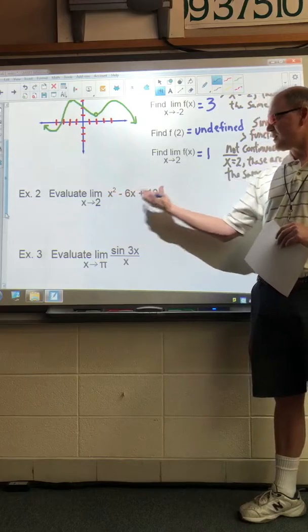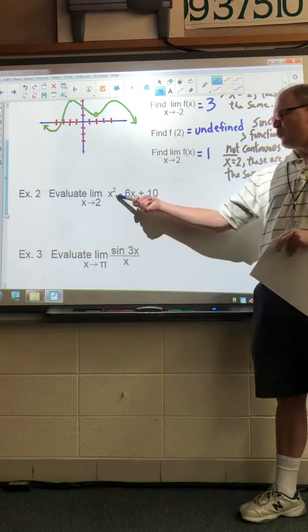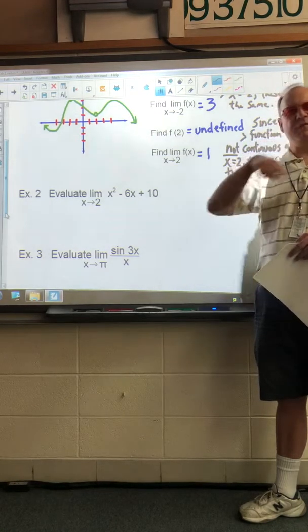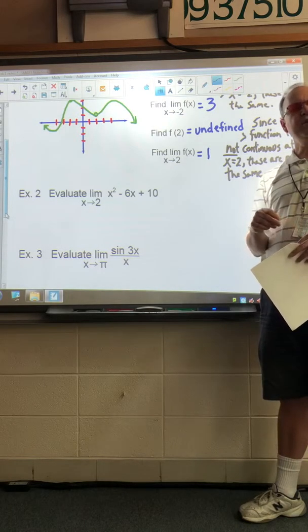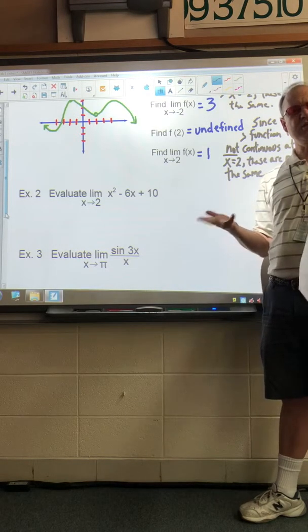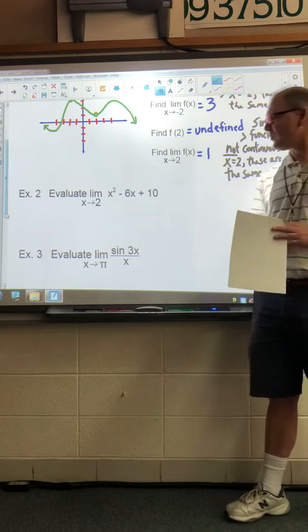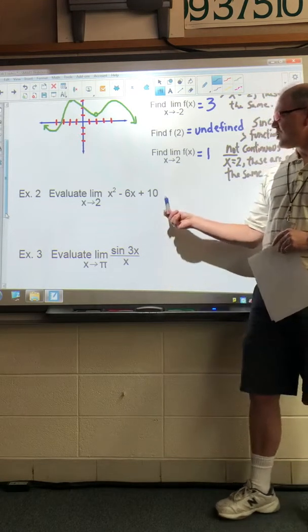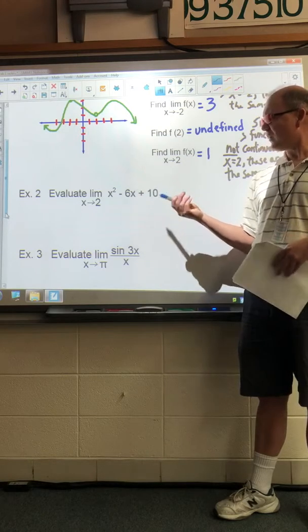So x squared minus 6x plus 10, I would hope you would immediately say, boom, quadratic, the graph is a parabola. Are parabolas continuous? Parabolas are continuous. There are no holes, no jumps, no asymptotes. So this function is continuous for all values of x.